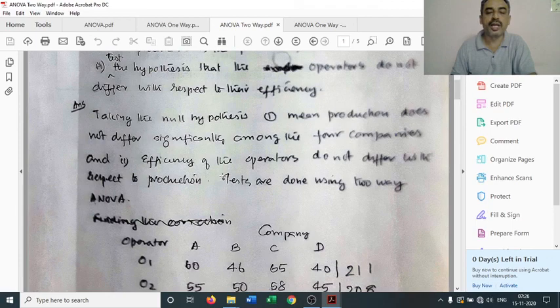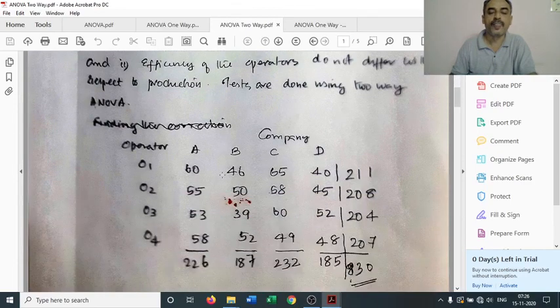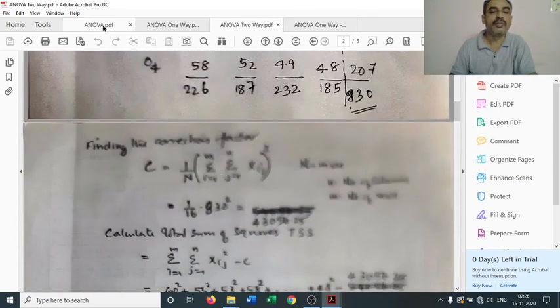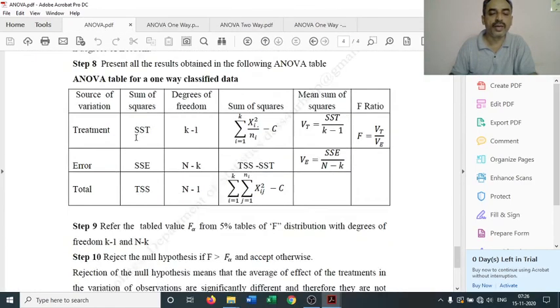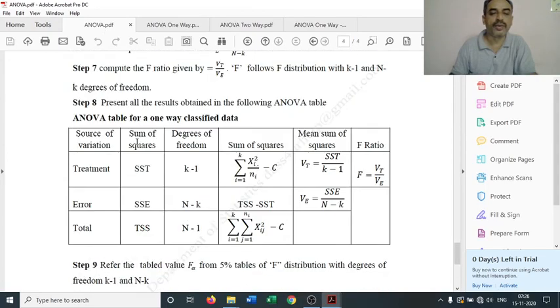So we take the null hypothesis that both factors' averages are equal. We can come to the page of two-way ANOVA, the different steps in two-way ANOVA.